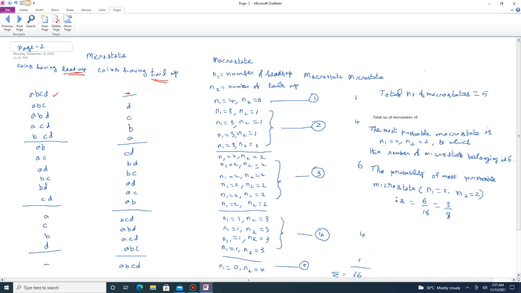If you denote n1 as the number of heads up and n2 as the number of tails up, then n1 is equal to 4 because all the 4 coins are up, and tails up is 0, there is no coin. So n1 is equal to 4 and n2 is equal to 0. So this is one macrostate.